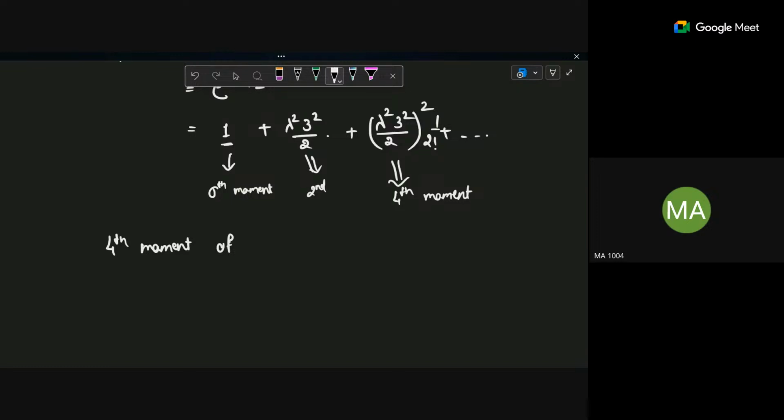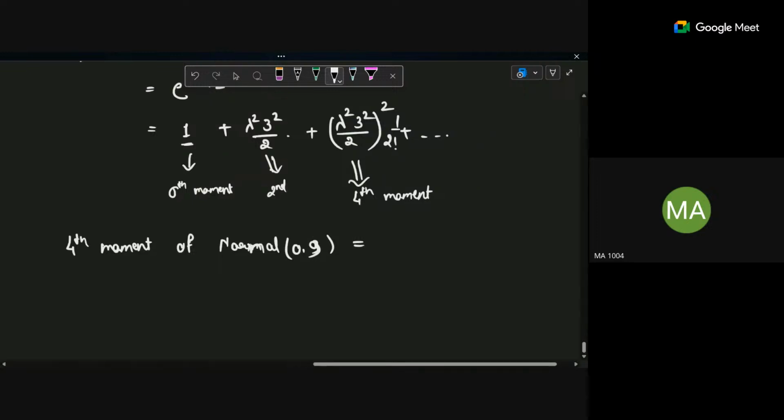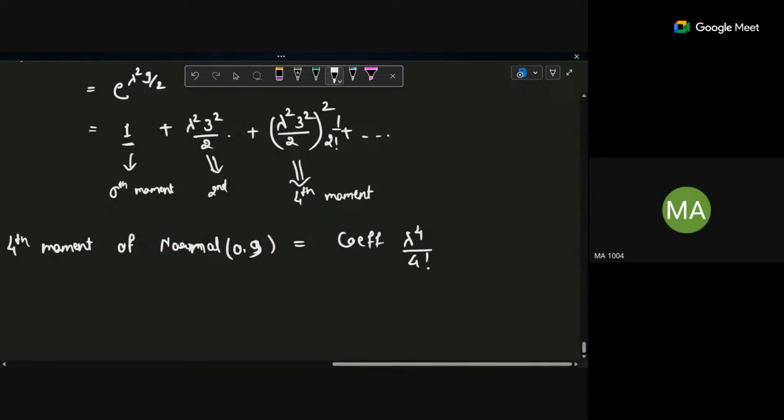So we have to convert this term into lambda power 4 by 4 factorial. How to do that? The term is lambda power 4 into 3 to the power 4 divided by 2 square into 2 factorial, that is 4 into 2 factorial.